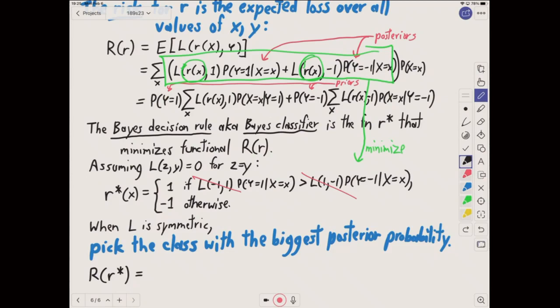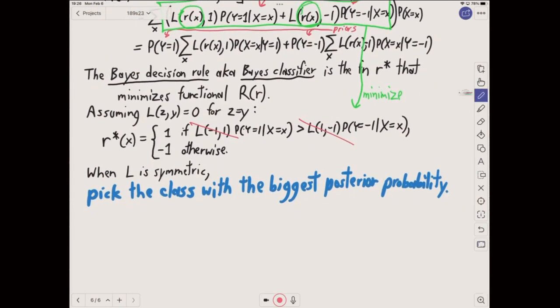I'm sorry, I've got things out of order here. First, I have to say what the optimal decision rule is for the cancer example.